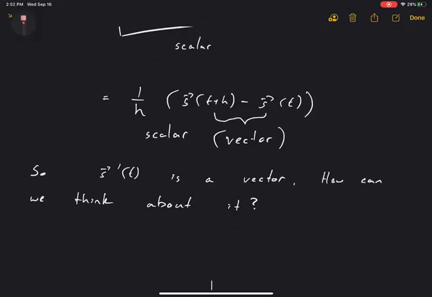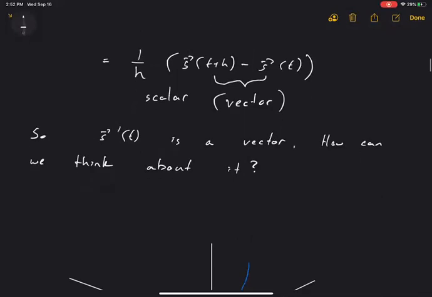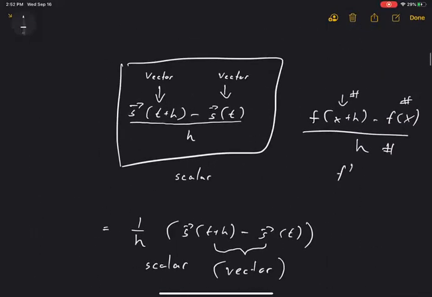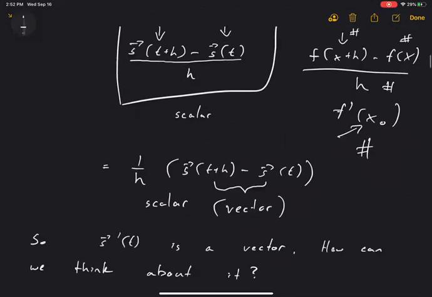This also gives us the intuition that in my single variable case, my derivative was just a single number. Maybe this gave me the slope at the point x0, the slope of my tangent line, but that derivative is still just a number. Maybe that number represents the slope, but it's just a number.